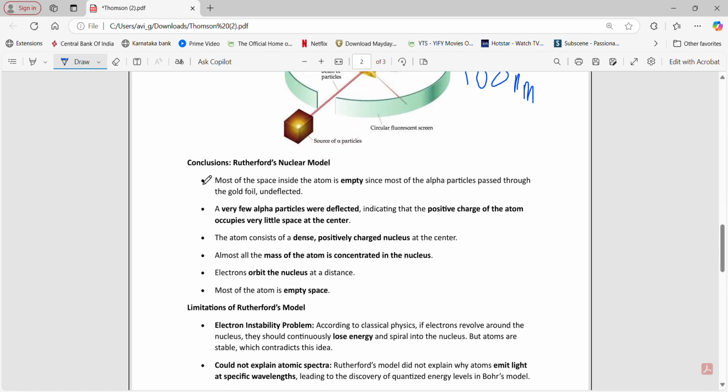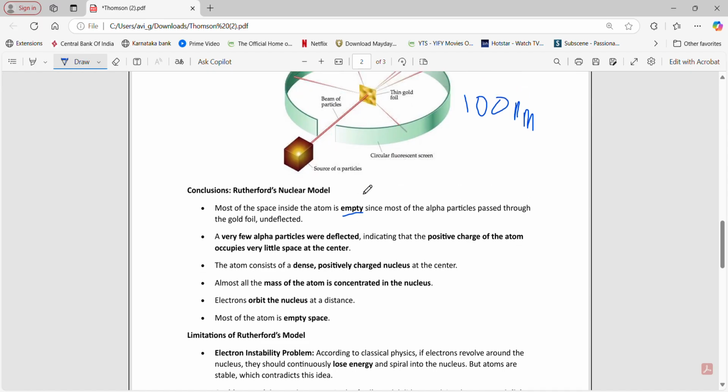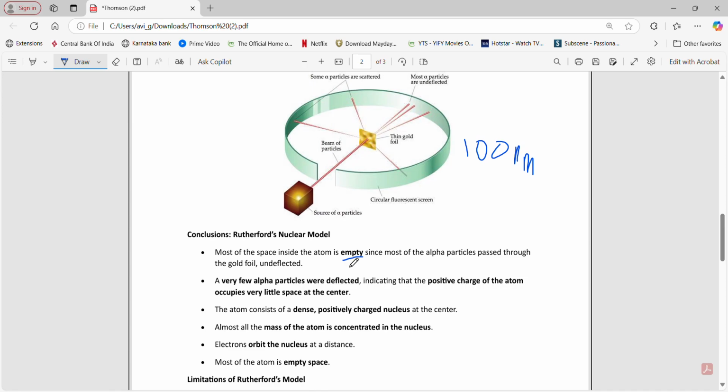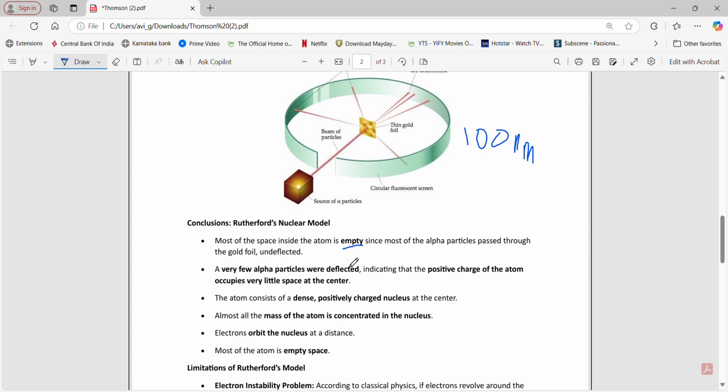Next, let's move on to the conclusions of Rutherford's nuclear model. Most of the space inside the atom is empty. As we discussed, many of the particles went straight through, so he concluded that most of the space in the atom is empty.